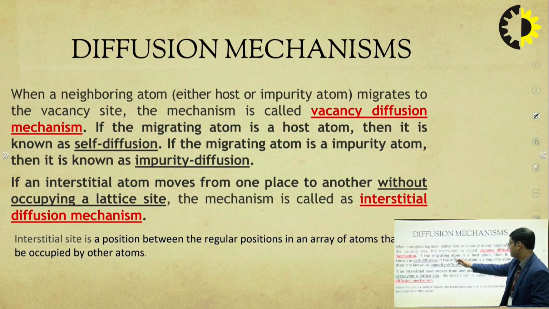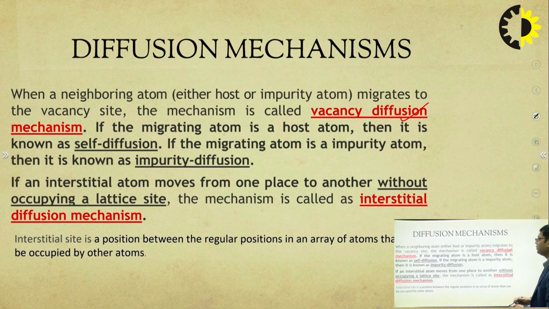If the migrating atom is a host atom, then it is known as self-diffusion, and if it is an impurity atom, it is known as impurity diffusion. So vacancy diffusion is further of two types, self-diffusion and impurity diffusion, depending on whether the displaced atom at the lattice site is the dopant or the host atom.